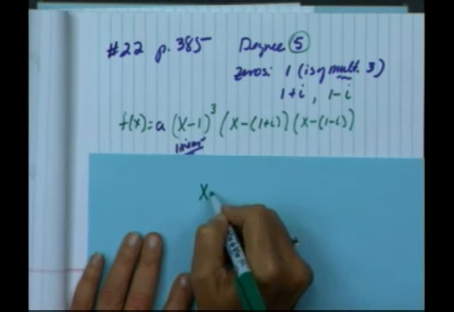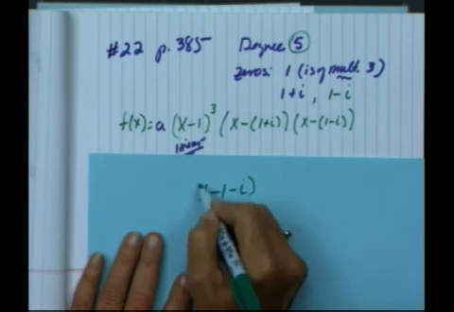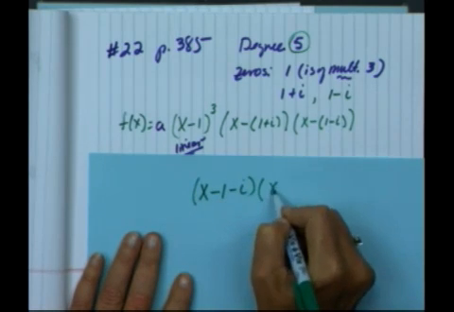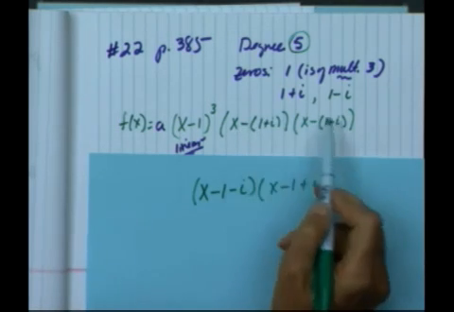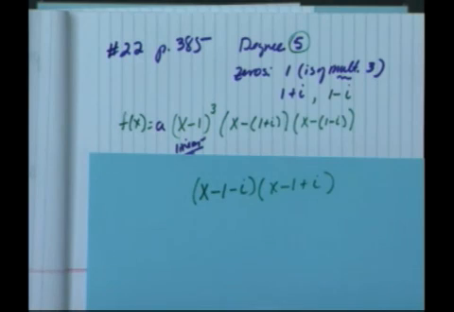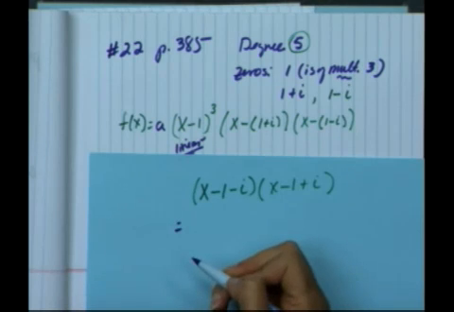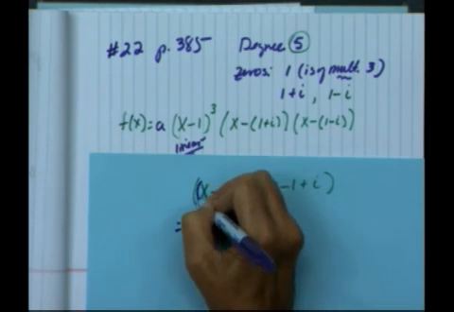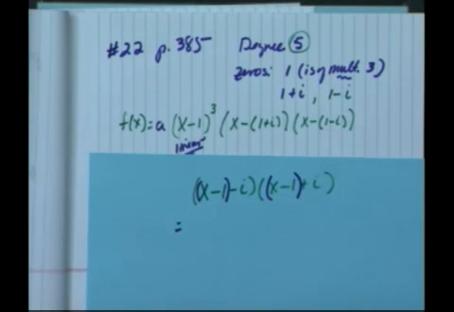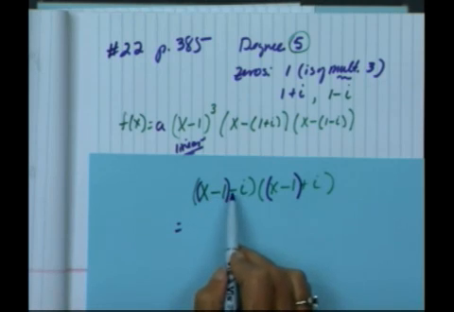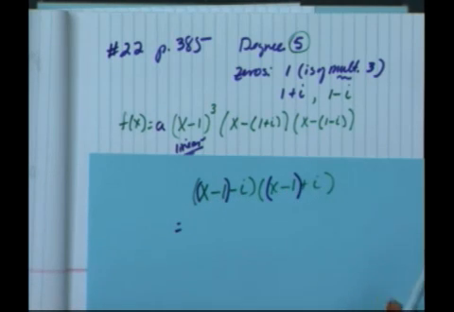Let's distribute the negative 1. I just distributed it. Since I'm forcing you to do my trick of the trade, what's your next step? Regroup. Regroup, because now it fits the form a minus b, a plus b.